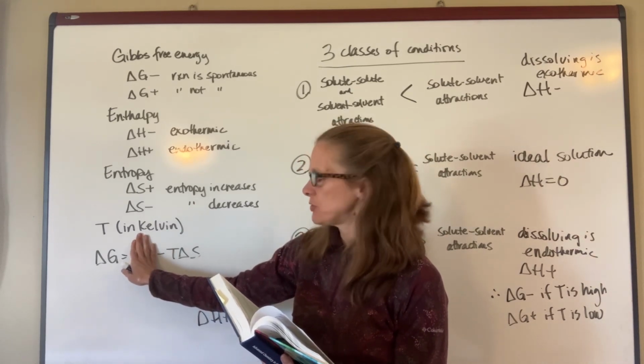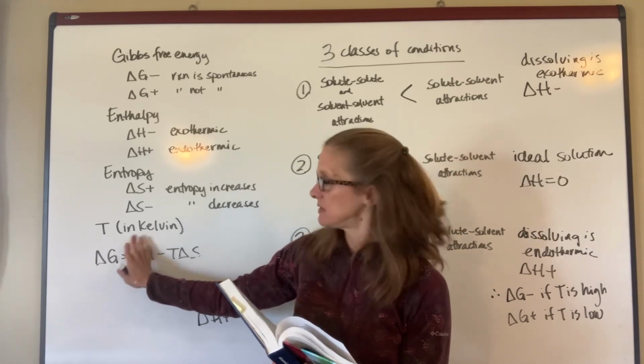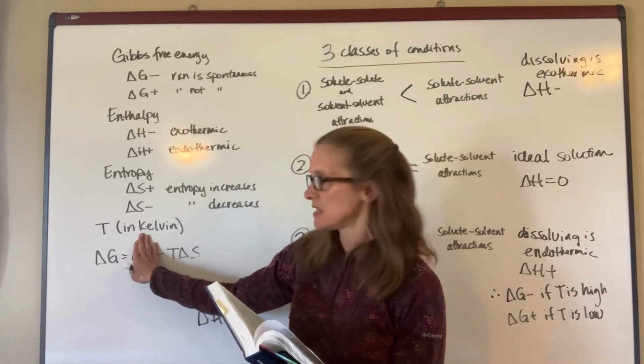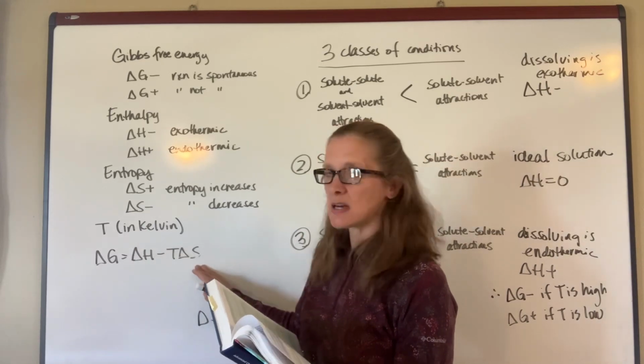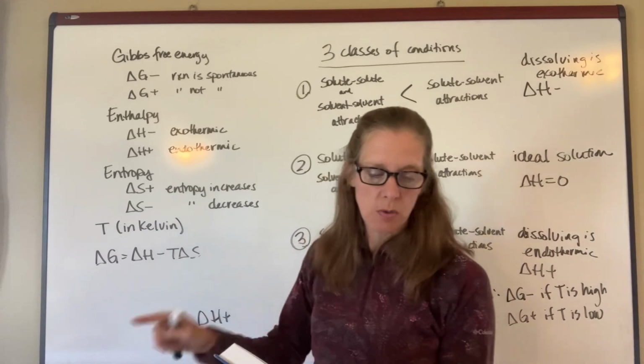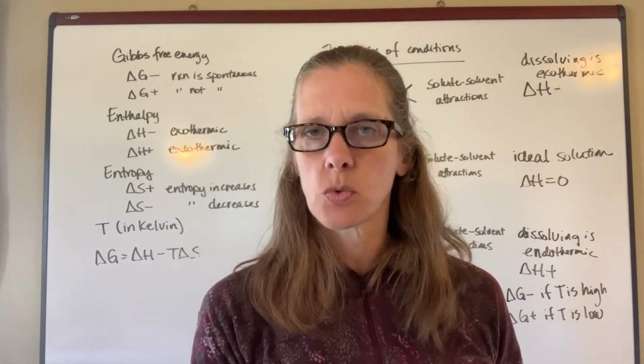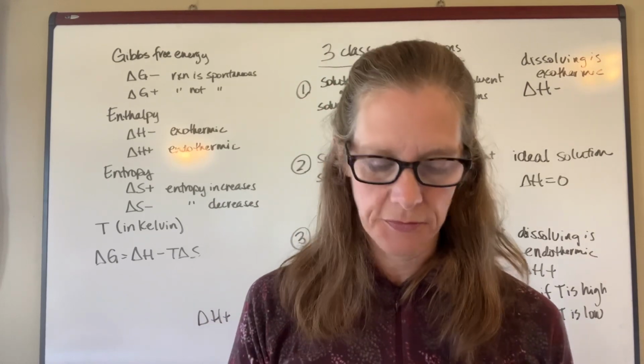What's going to have to be true? Is delta S going to have to be positive or delta S going to have to be negative? If I need this to be negative and this isn't here, then delta S is going to have to be positive because the whole term is already negative. Okay, so in that situation, for an ideal solution, delta S is going to have to be positive.